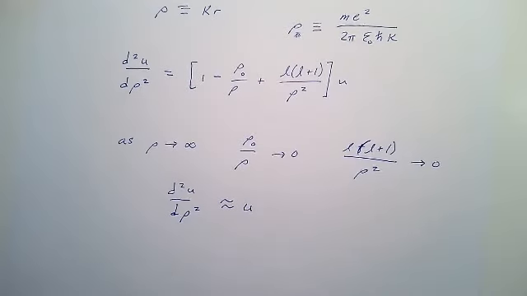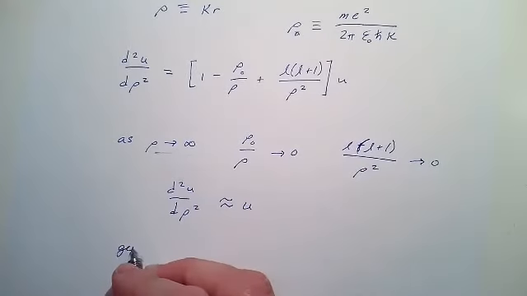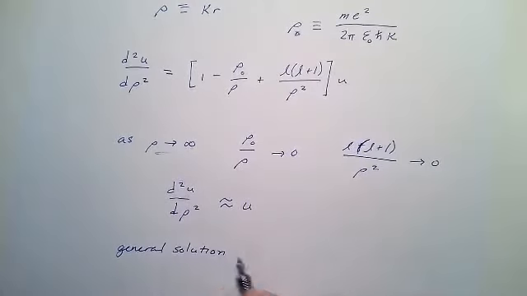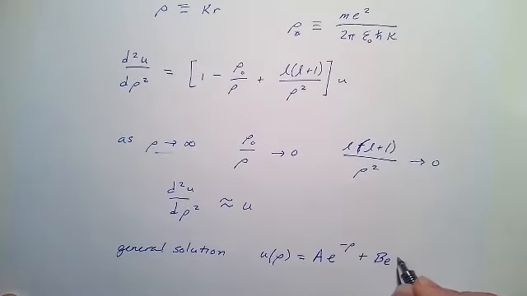So the general solution for that, at least at this extreme, is going to be something like u as a function of rho equal to a e to the negative rho plus b e to the positive rho. Right? So if we look at that, e to the positive rho goes to infinity as rho goes to infinity.